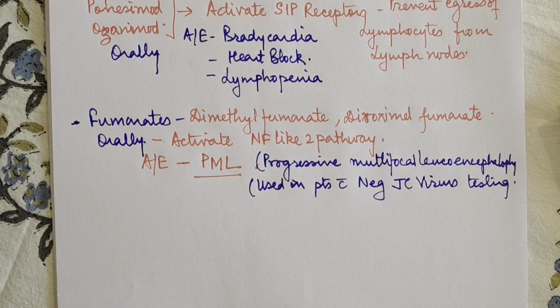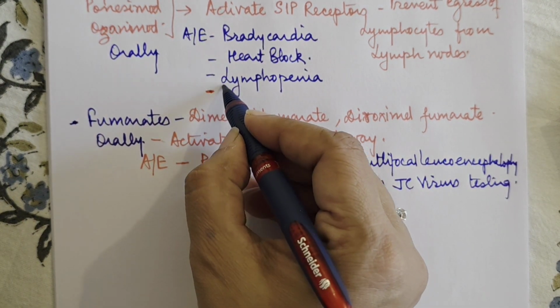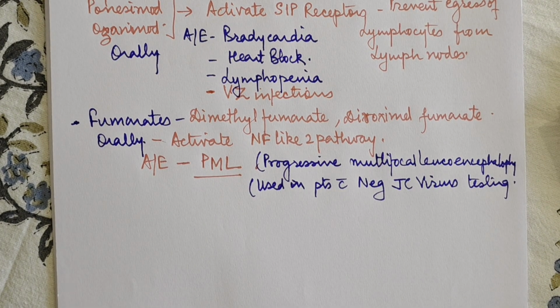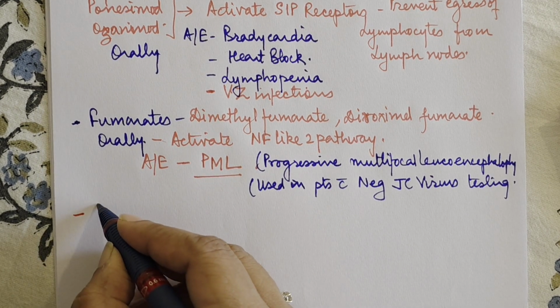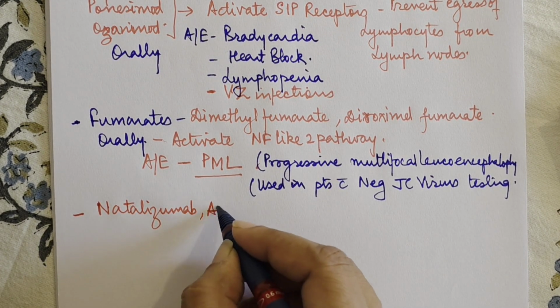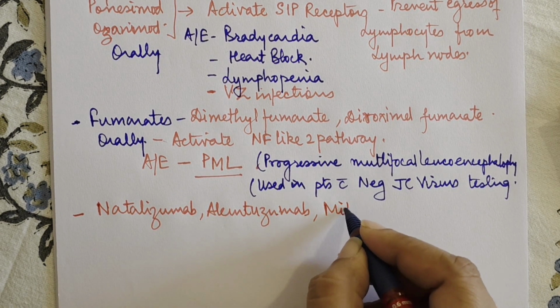Now another thing, fingolimod is also associated with varicella zoster infections, because they are playing with immunity, so they can also result in varicella zoster reactions. Then we have monoclonal antibodies. Now in monoclonal antibodies, the drugs that we have are natalizumab, alemtuzumab, and another drug, mitoxantrone.